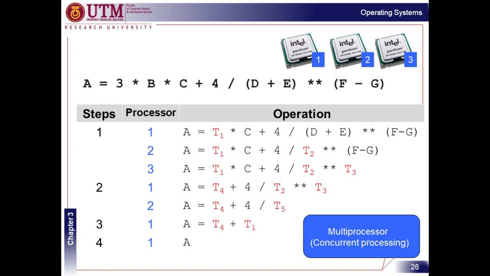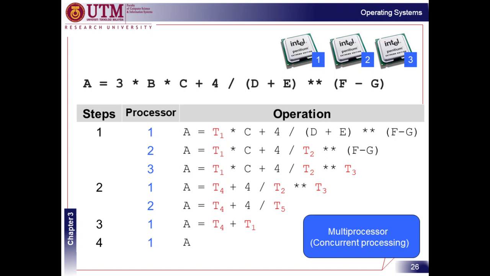Okay, so in step 3, processor 1 computes T4 equals 4 divided by T5, which is the result of dividing 4 by T5. Processor 2 does nothing in this step. Also, the same with processor 3, it does nothing in this step too.